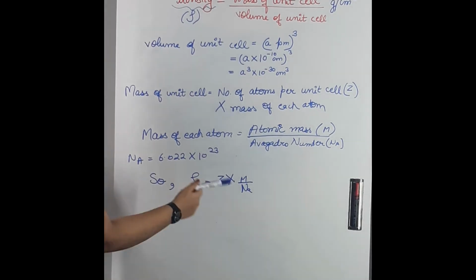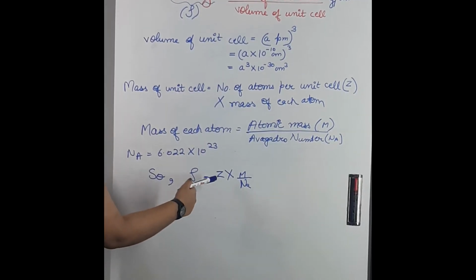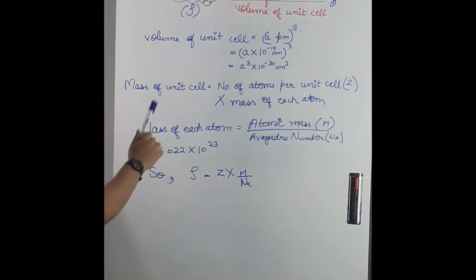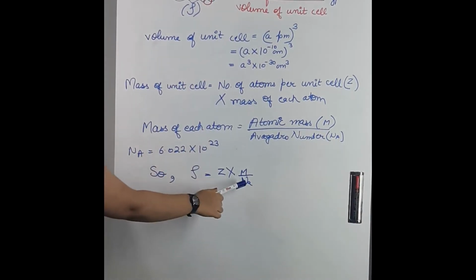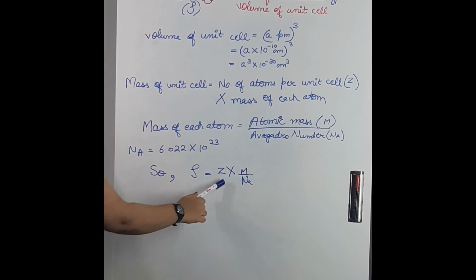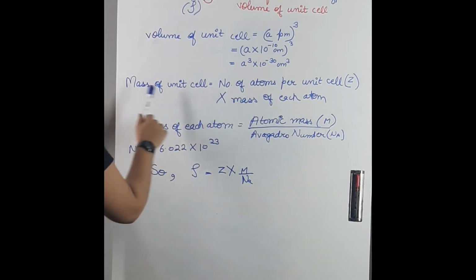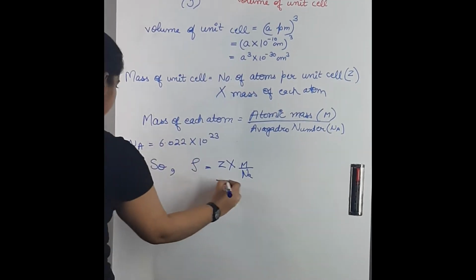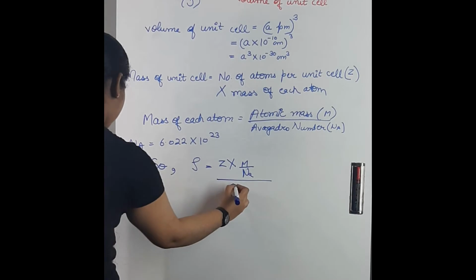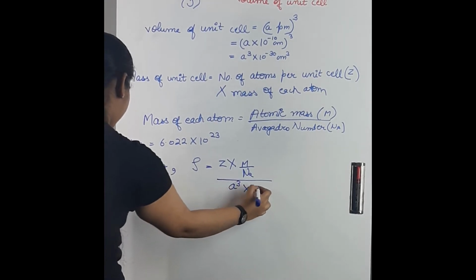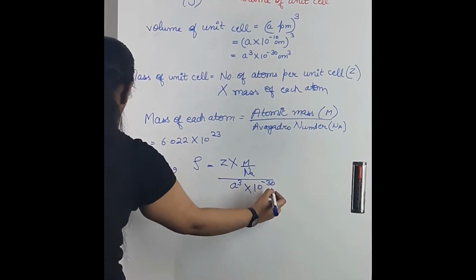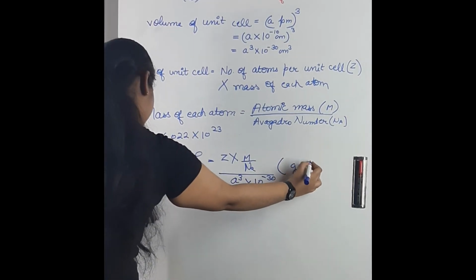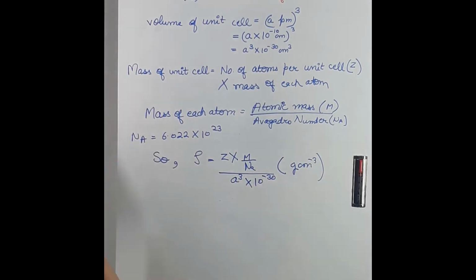I have done nothing but put the values of these in the formula. Mass of each atom is m by Na multiplied by the number of atoms per unit cell to get the mass of unit cell, divided by volume, and volume can be expressed as a cube multiplied by 10 raised to power minus 30, and the units are gram per centimeter cube.